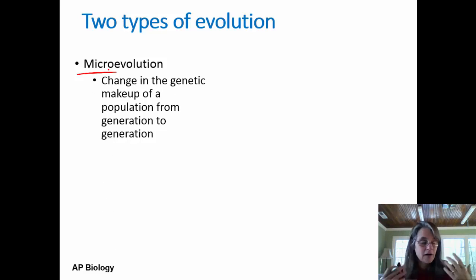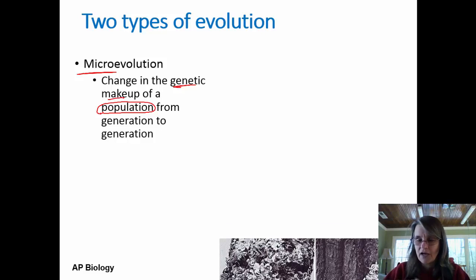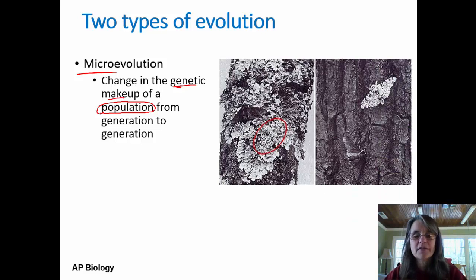microevolution. Micro, obviously meaning small, is change on the small scale, change in the genetic makeup of a population of organisms from one generation to the next generation. So within our lifetimes, depending on that organism, that could be observed.